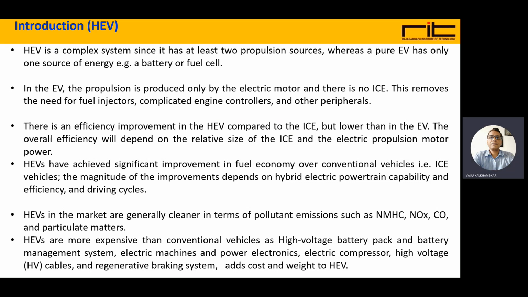Hybrid electric vehicles have achieved significant improvement in fuel economy over conventional vehicles, that is IC engine vehicles. The magnitude of improvement depends on hybrid electric powertrain capability and efficiency, and the driving cycle in which the vehicle is used will decide the fuel economy over the conventional vehicles.